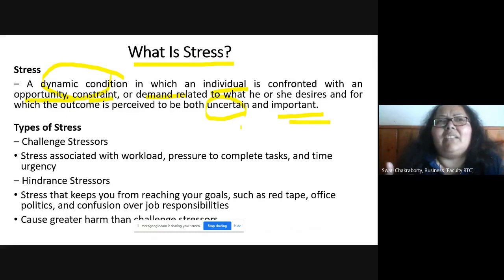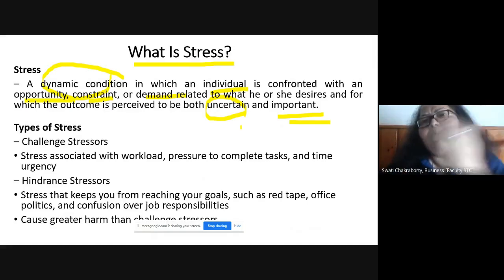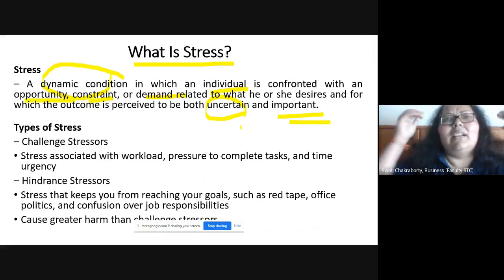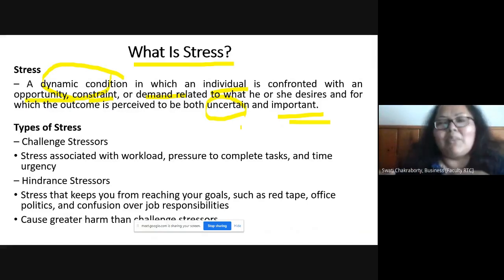How does it affect us? It affects us mentally and physically as the situation changes. Sometimes we are very stressed out, sometimes we are very happy, we start to work and we are very interested. By the end of the day we get tired, or we have unexpected changes coming up and we do not know how to cope. All our positive energy can go down, or we may get demotivated, or we may get charged up.